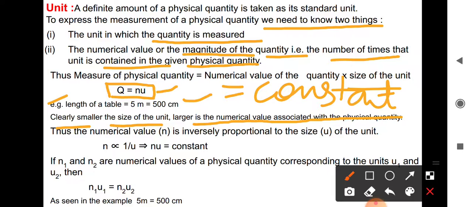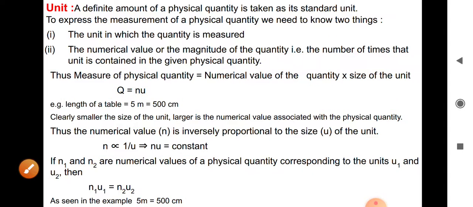That means n is inversely proportional to u, or n u equals constant. We can also write n1 u1 equals n2 u2. That means 5 into 1 meter equals 5 into 100 centimeter, because 1 meter equals 100 centimeter. So in this slide we defined unit and the formula for determining the measure of a physical quantity.